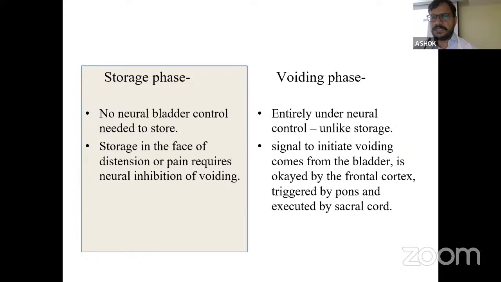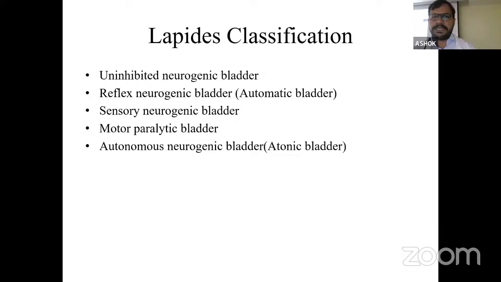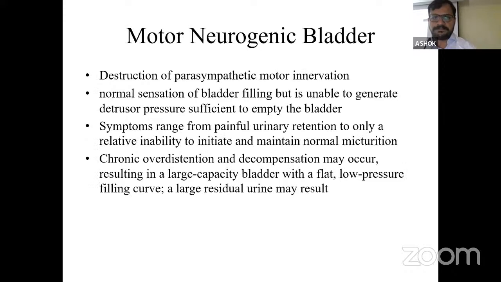Unlike storage, the signal to initiate voiding comes from the bladder, is okayed by the frontal cortex, triggered by the pons, and executed by the sacral cord. Lapides classification: motor paralytic bladder, sensory neurogenic bladder, atonic bladder, autonomous bladder, and uninhibited neurogenic bladder.